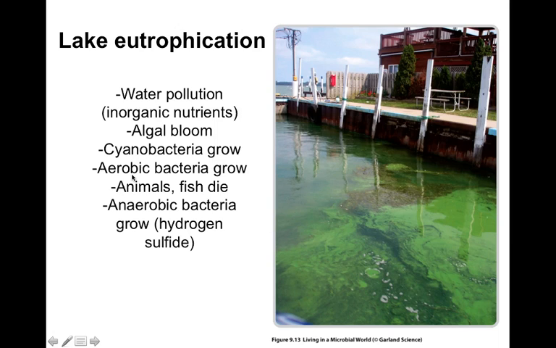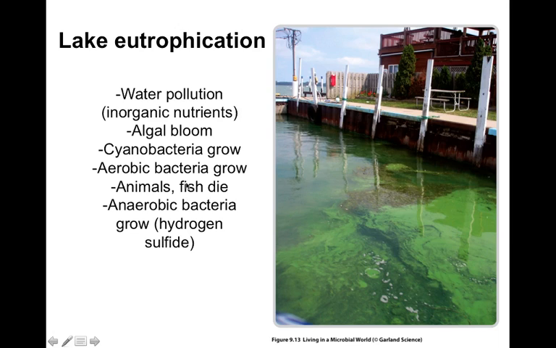So aerobic bacteria will grow excessively, and they will ultimately deplete the oxygen in the lake. This takes time, but it is very detrimental to the lake because the animals, fish and other organisms that live in the lake are going to die, because the aerobic bacteria are going to use up all the oxygen.